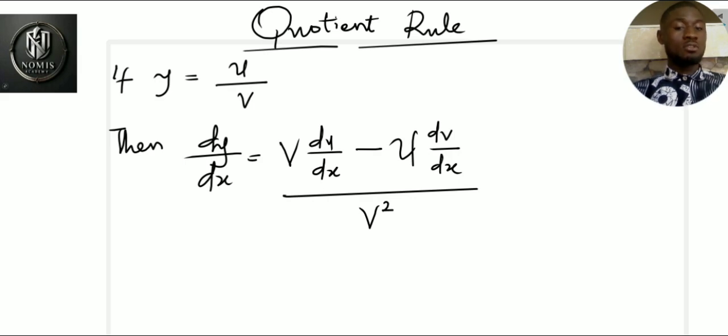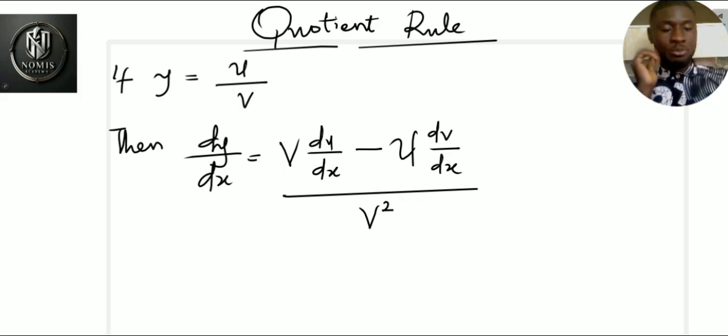This formula is used to solve calculus questions in quotient form, that is, when you have a numerator and a denominator. Your numerator is your u and your denominator is your v.